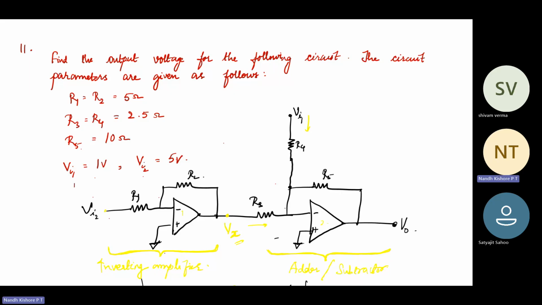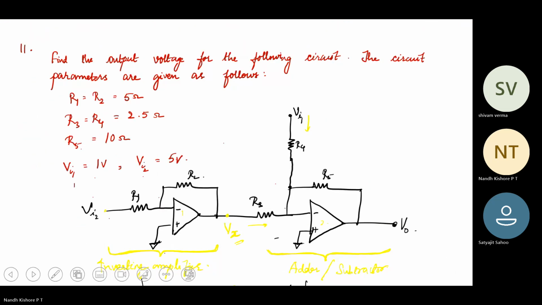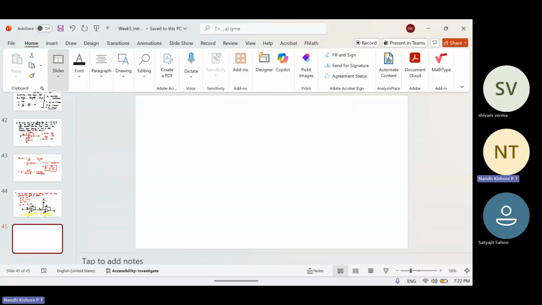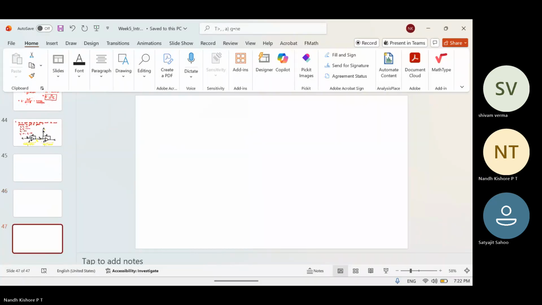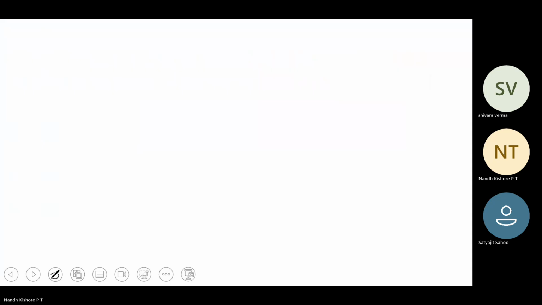So let's solve this. Okay, so there is one more slide. Let me draw the circuit once again.